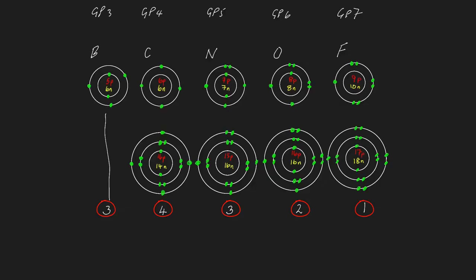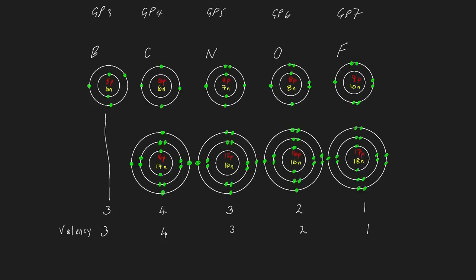Same as the metals, unpaired electron number is what we call valency. So let's write the valency numbers like this. Valency 3, 4, 3, 2, 1. Remember, valency is the same as the number of outer unpaired electrons.